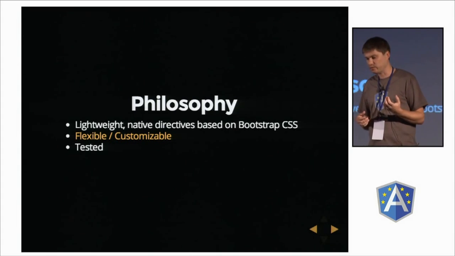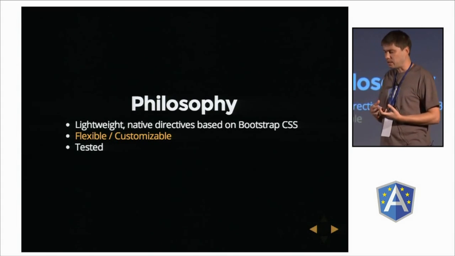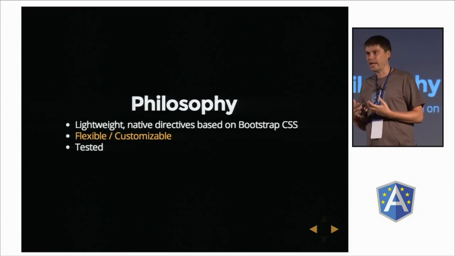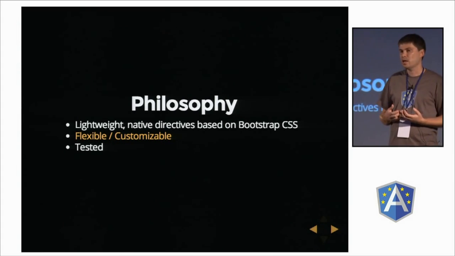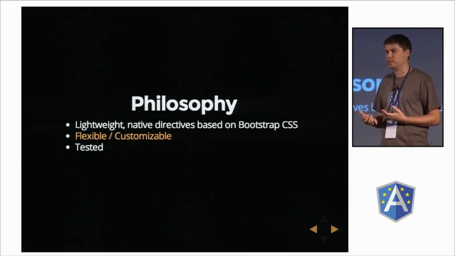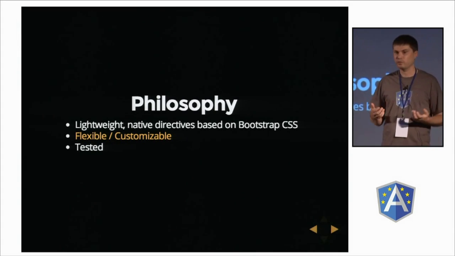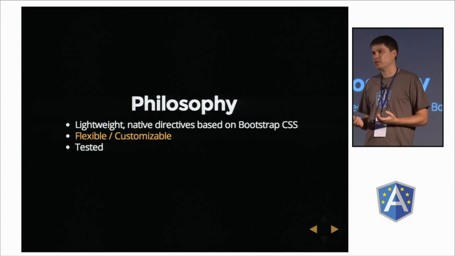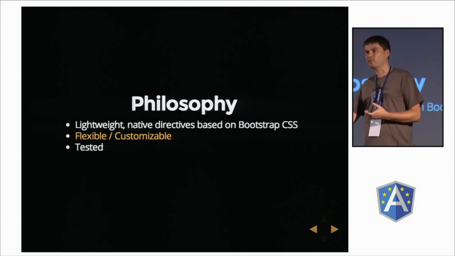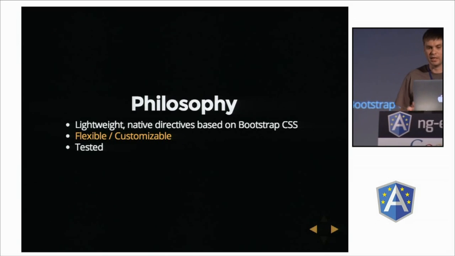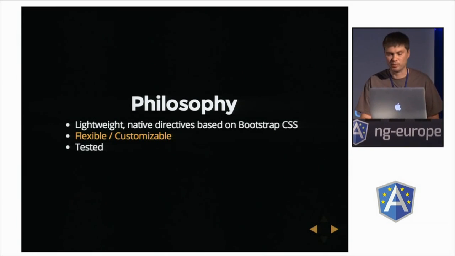As Rob was saying, from the very beginning we knew that we can think as hard as we can about the API, about what a given directive can do, but inevitably there will be someone who will come and say, okay, your project is cool, this directive is very cool, but I would do this differently. So from the very beginning we wanted to have some plugin points, some flex points that people could use.